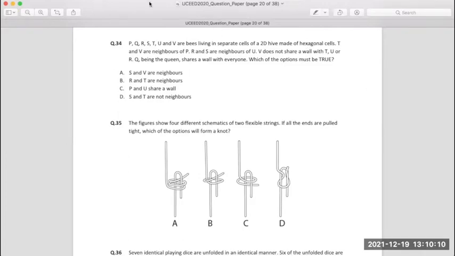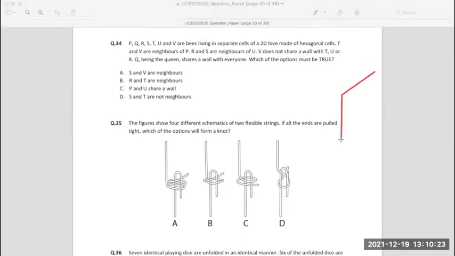All you're given is that these bees live in some kind of hexagonal cells. So I'll just draw the hexagonal cell with the bees living here.